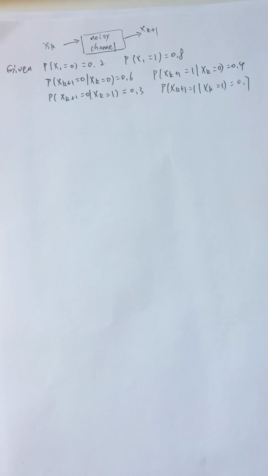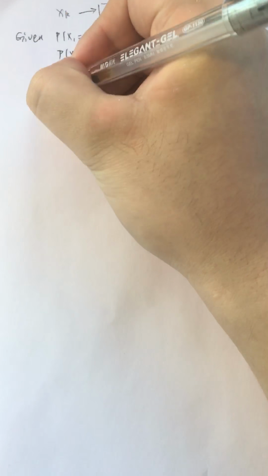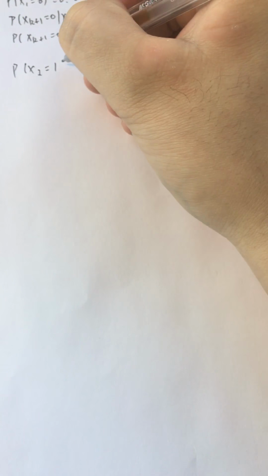Today, let's talk about homework 2, question 2. The first question is to find the probability of x2 equals 1.